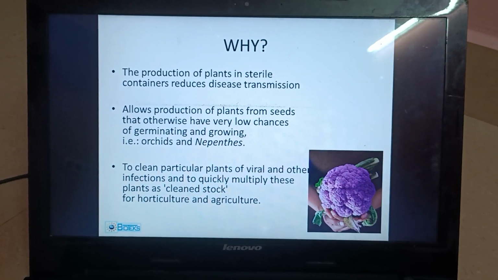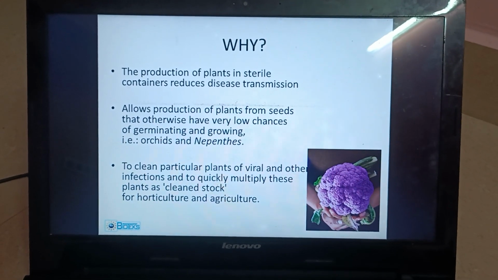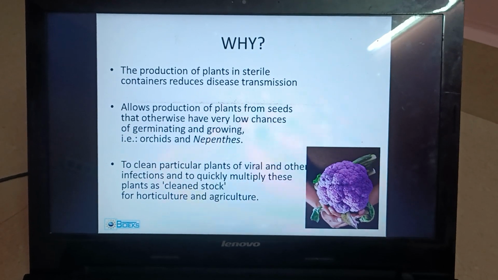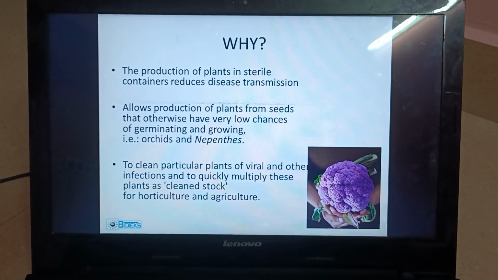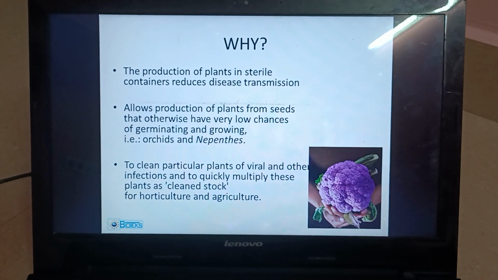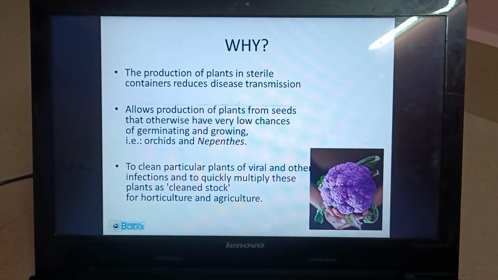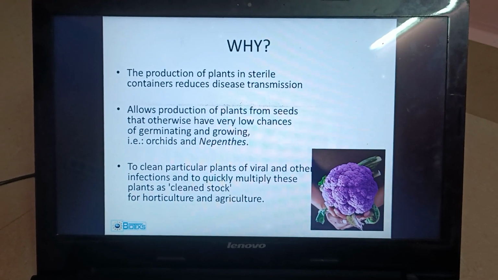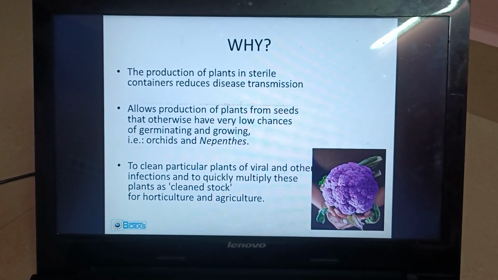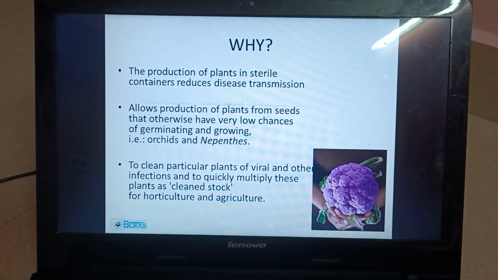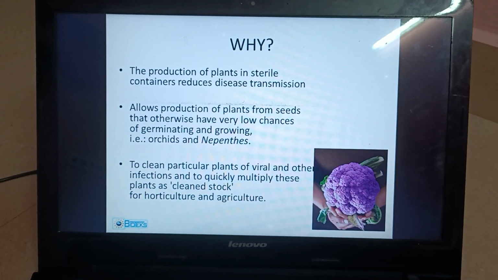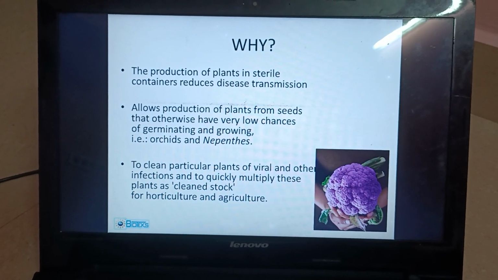It also allows the production of plants from seeds that otherwise have very low chances of germinating and growing, for example, orchids and nepenthes. It is used to clean particular plants of viral and other infections, and to quickly multiply these plants as a clean stock for horticulture and agriculture.